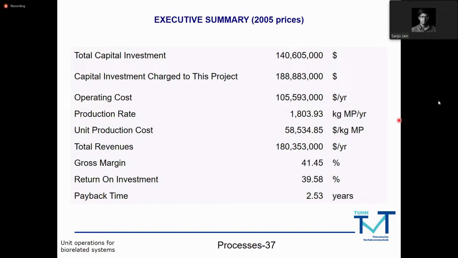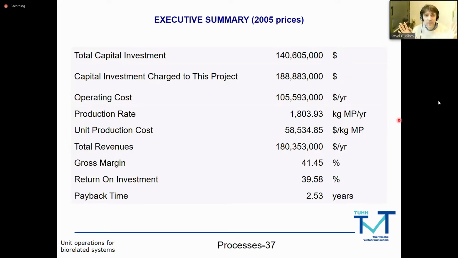Is it the total revenues minus operating cost, divided by total revenue? Almost. You have total revenues, so basically 180 million euros in your bank account. Of course, you have spent some amount.